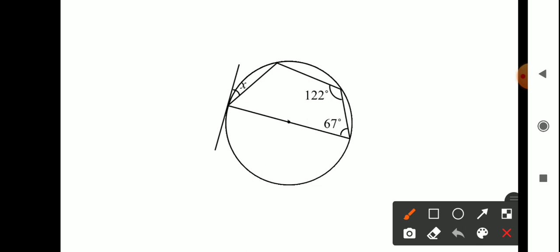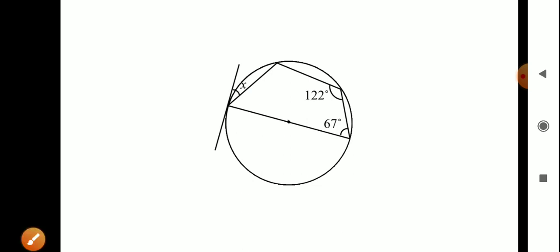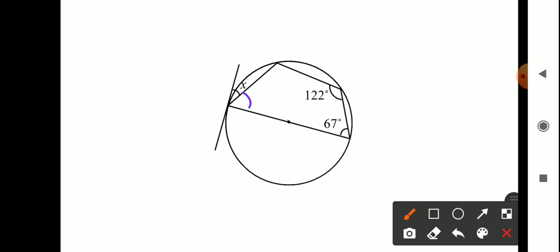One is angle in cyclic quadrilateral. If you can see angle in cyclic quadrilateral, then you can find this purple angle very easily.